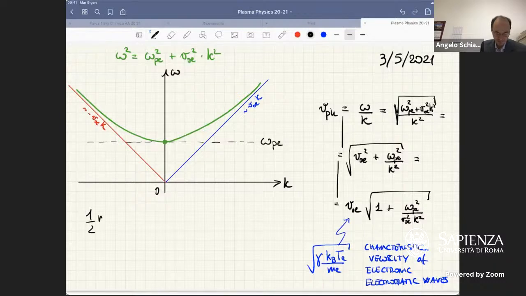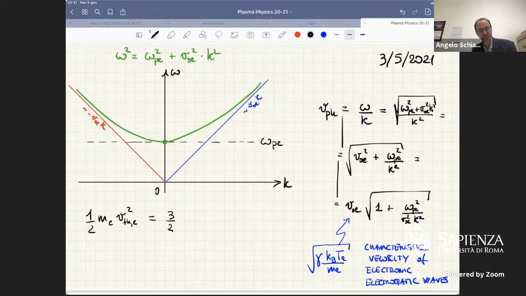The thermal velocity of the electron is the root mean square velocity of the electrons, connected to the average kinetic energy of the electron species, and we can get that from the equipartition theorem. We have electrons which are point masses moving around, so we can approximate the electrons as a monoatomic gas. That's a good representation for them.